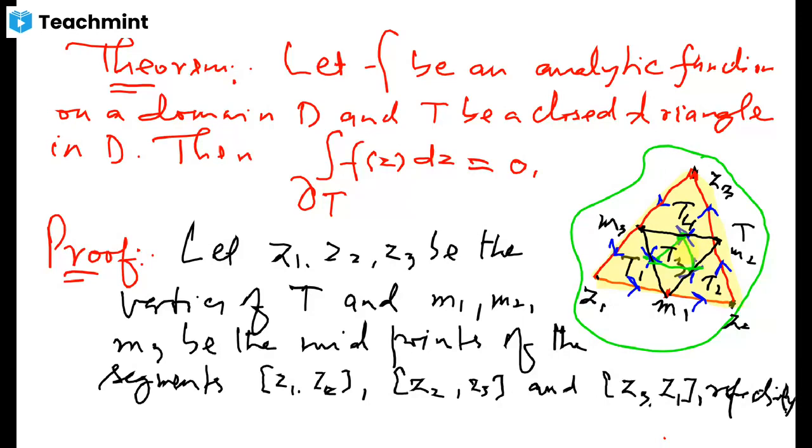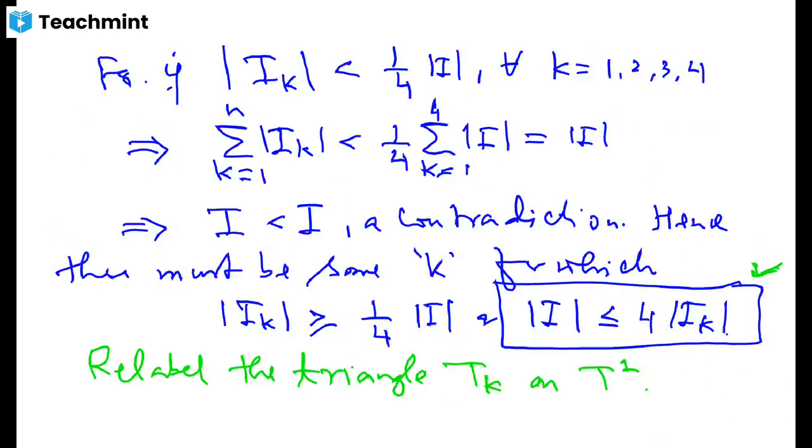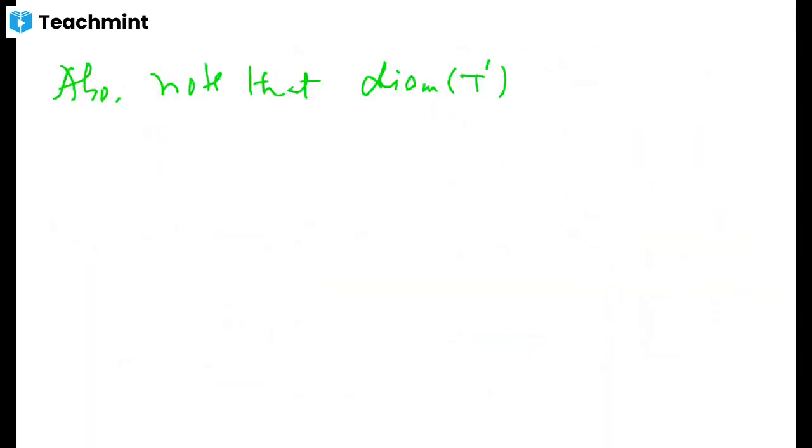The length of the longest side of the triangle T1 is going to be less than or equal to 1/2 of the length of the longest side of the triangle T. So the diameter of Tn is going to be less than or equal to 1/2 the diameter of T.